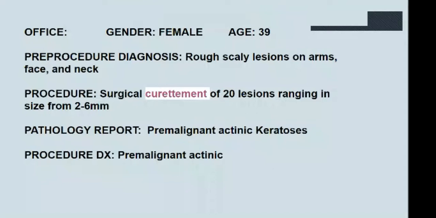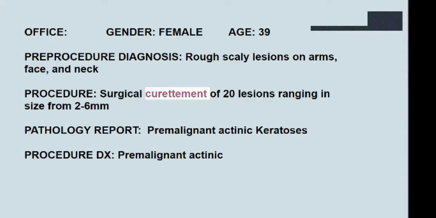Okay, so this is an office visit. The gender is female and the age is 39. I know that we may not always need this information, but I made sure I typed every one of these and I made sure to put information that we could need to use at some point. Okay, pre-procedural diagnosis, rough scaly lesion on the arms, face, and neck.